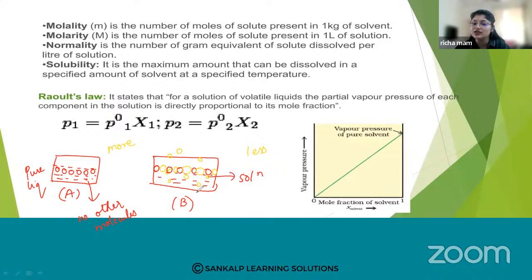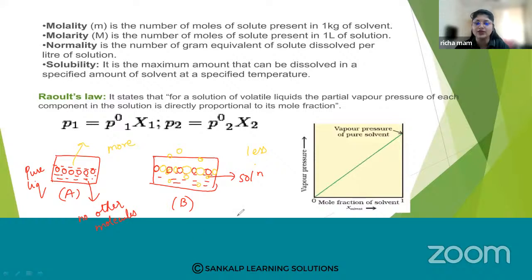Here it is a solution, because you have both solute as well as solvent. So the number of vapors in the solution will be less as compared to pure liquid.